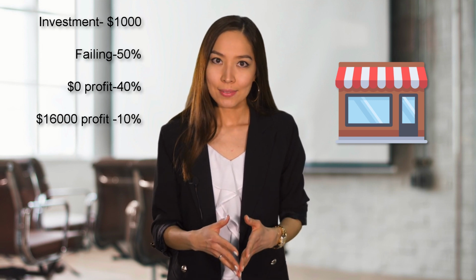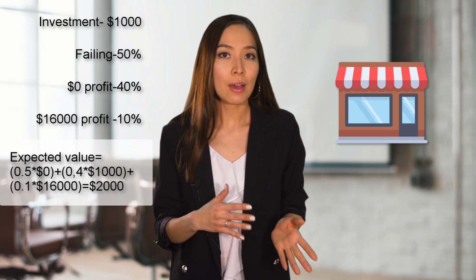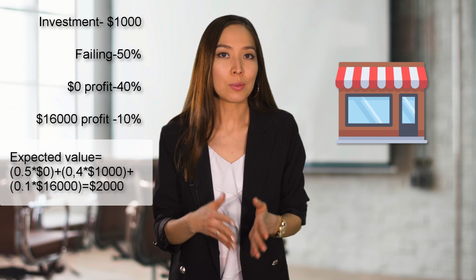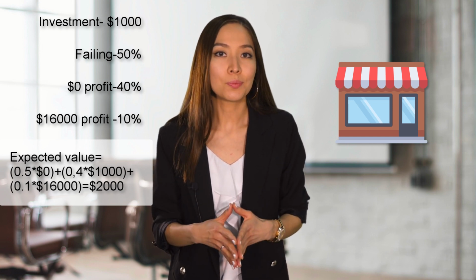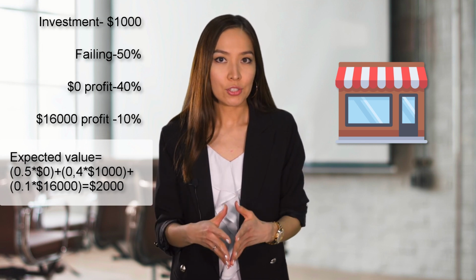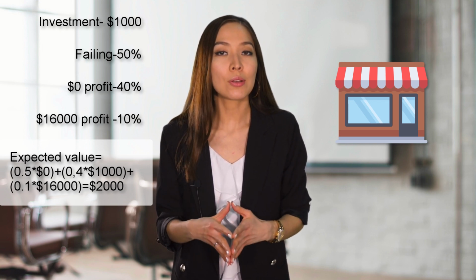In this case, the expected value will be 0.5 multiplied by 0 plus 0.4 multiplied by 1,000 plus 0.1 multiplied by 16,000, which is $2,000. It means that your investor expects that on average his investment will rise to $2,000. This is one of the simple tools that minimize the risk of taking investment decisions.